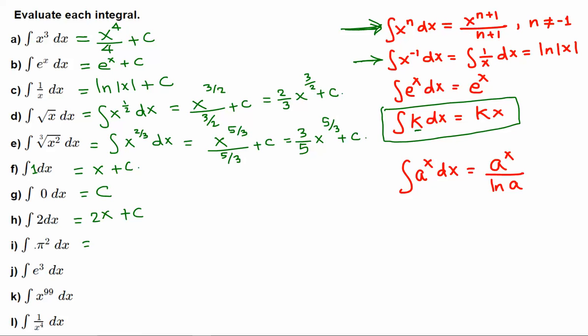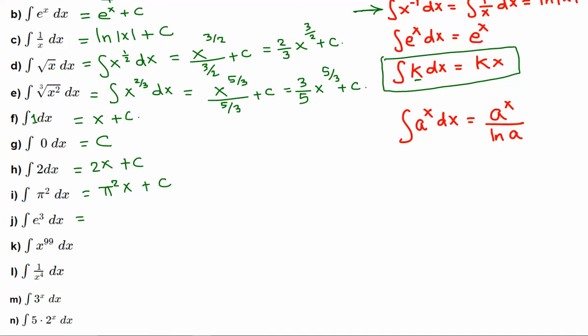It's like some constant dx, so similar to H. Then the antiderivative is that constant times x plus C, because the derivative of this is that constant times 1, just pi squared. Same thing here, J: e cube is also a number. E is an irrational number, so e cube is also a number. So like I, this is just e cube x.